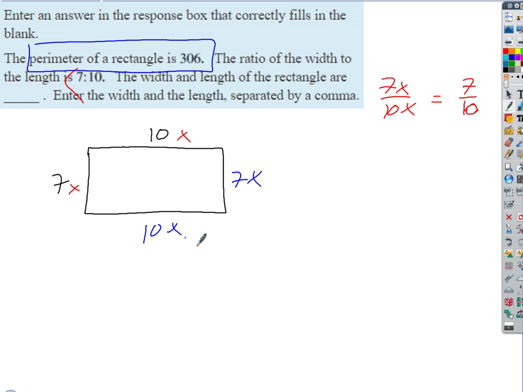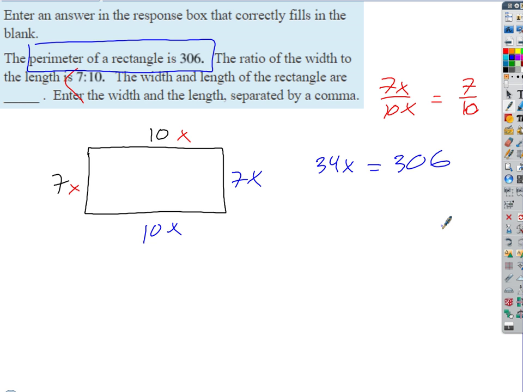So the perimeter then is just gonna be 7x plus 7x, 14x, plus 10x plus 10x, what's that all add up to? 34x. So 34x has to equal 306.